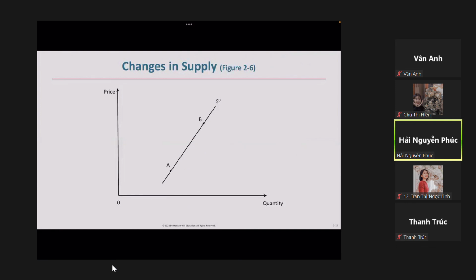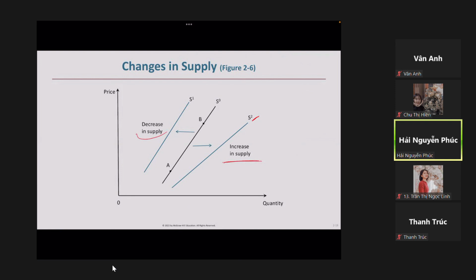If we have a shift of the supply curve to the right, it means we have an increase in supply. Otherwise, if we have a shift of the supply curve to the left, it tells us about a decrease in supply.